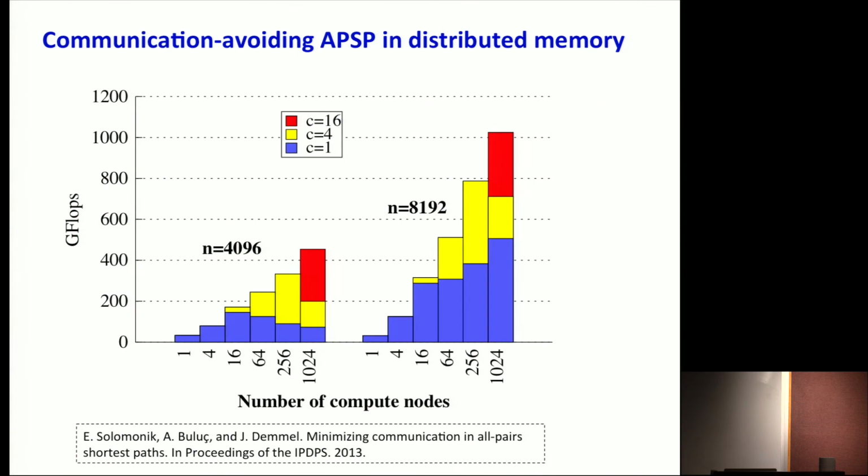It's the flops rate. The blue stacked bars are if you don't use any replicas, no communication avoidance. You'll see that with the increasing number of nodes, the algorithm starts slowing down due to the number of synchronizations. For the small data set and for the larger data set, it won't speed up as nicely as you would want. However, since we have more memory, we can actually replicate and get the yellow curve and the red curve, and it nicely scales up. So far, so good.